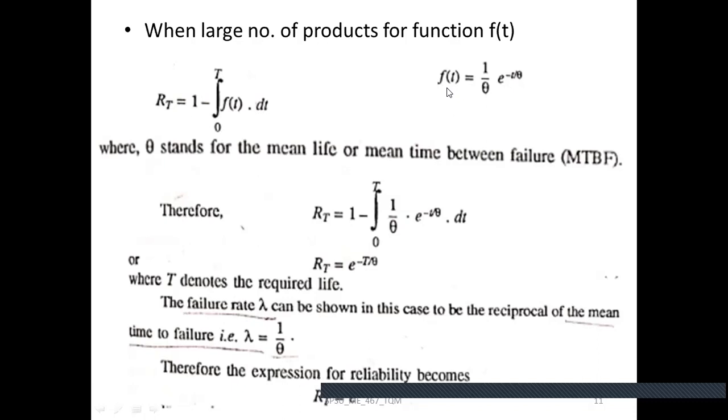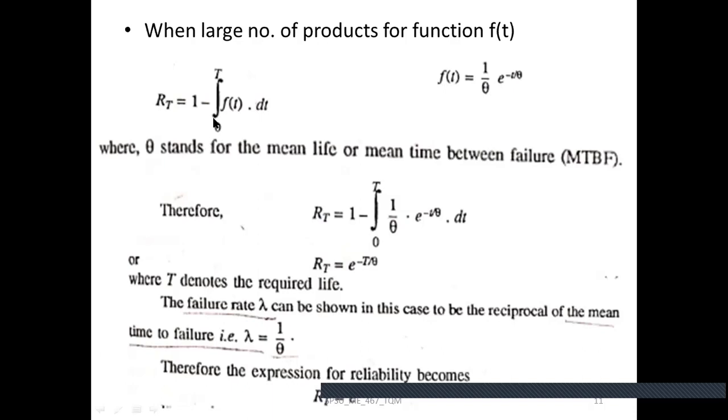Here ft is the function equal to 1 upon theta e raised to the power minus small t upon theta, where theta stands for the mean life or mean time between failure.